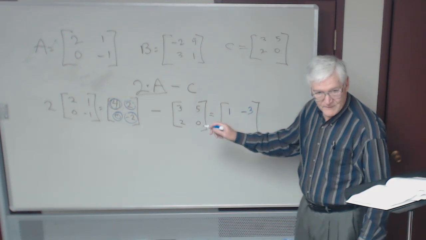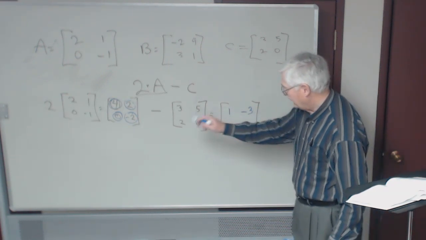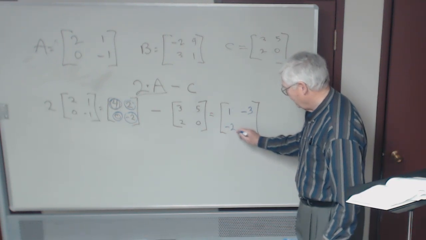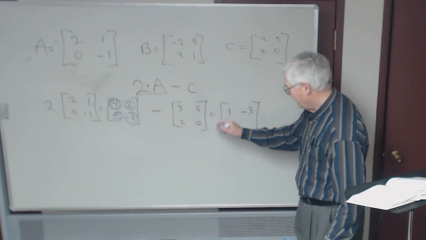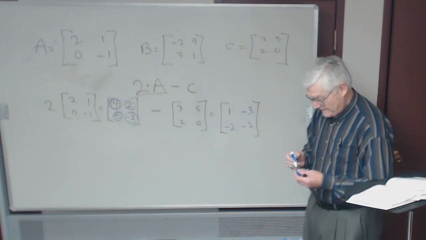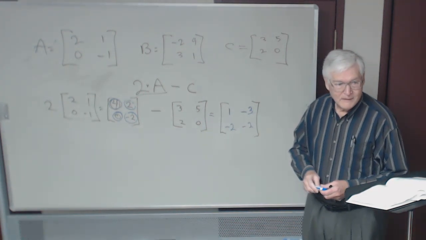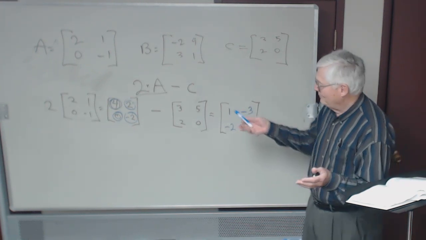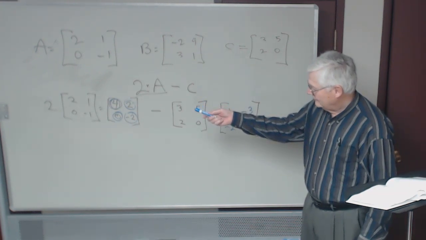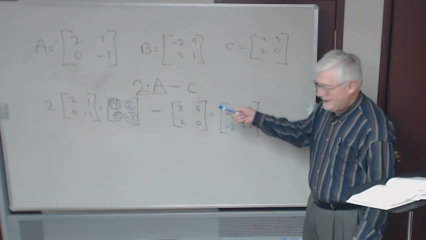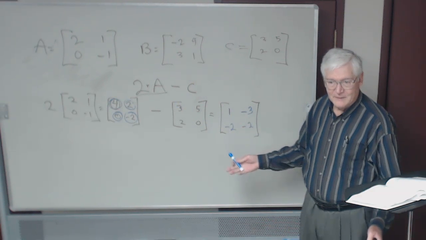See what we're doing? 0 minus 2 would be, and negative 2 minus 0 would be negative 2. Now you know how to do matrix multiplying by a scalar, adding, and subtracting matrices.